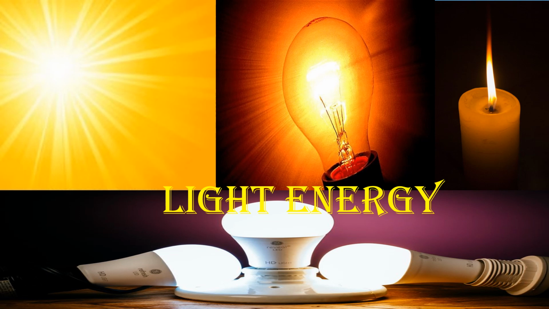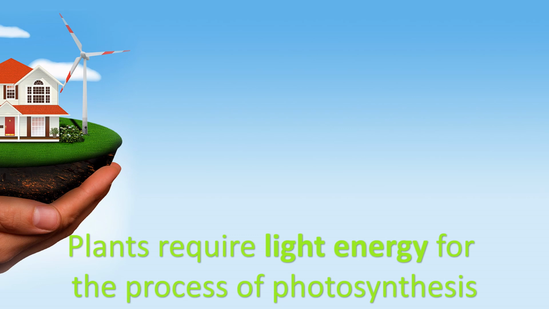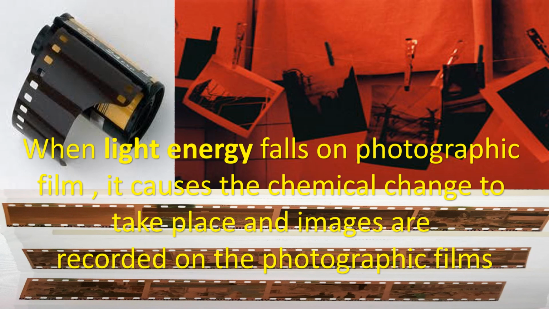Plants also require light energy for the process of photosynthesis, and we need light energy to convert photographic films to photographs. When light energy falls on the photographic film, it causes a chemical change and images are recorded on the film.